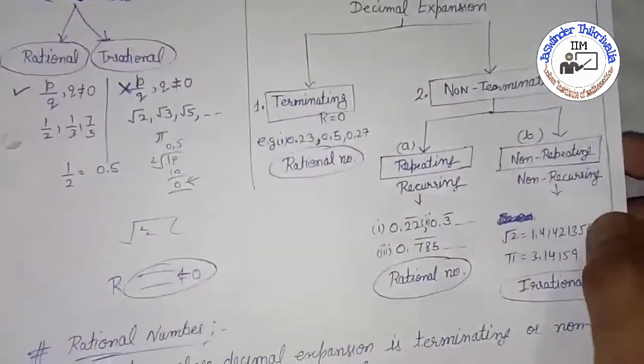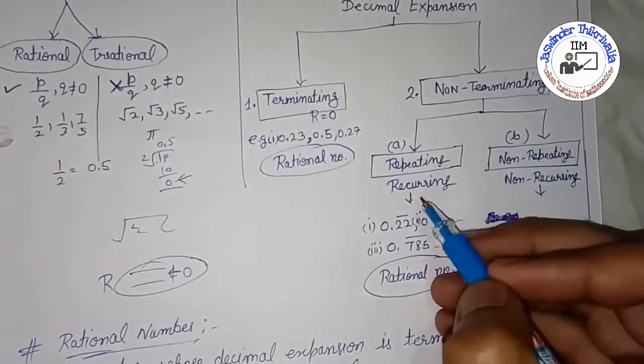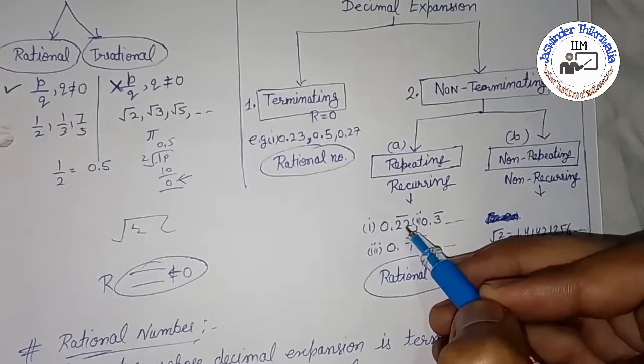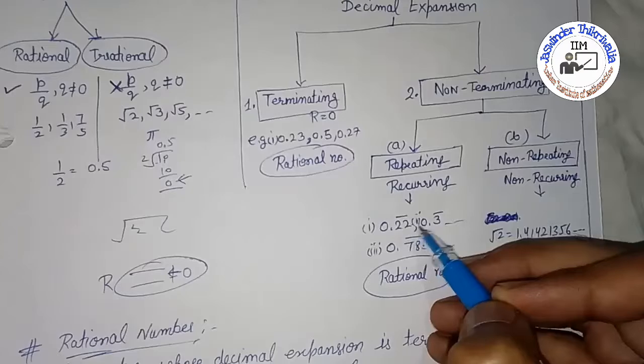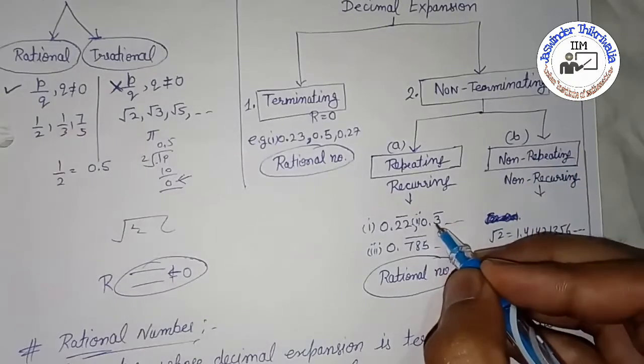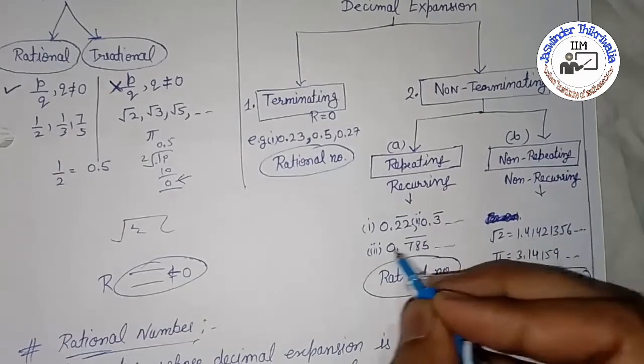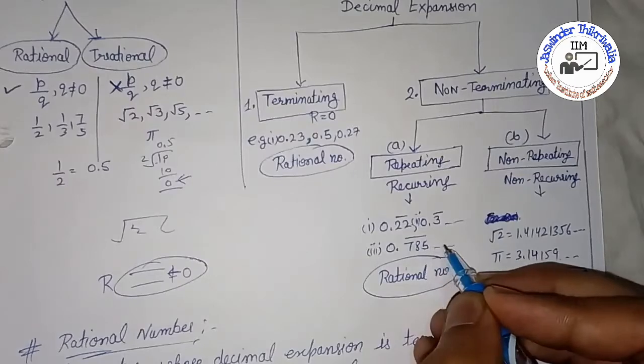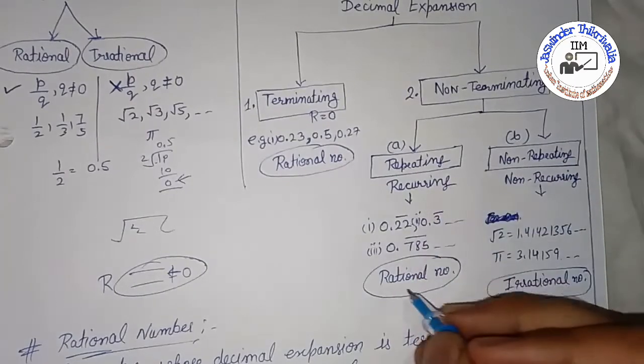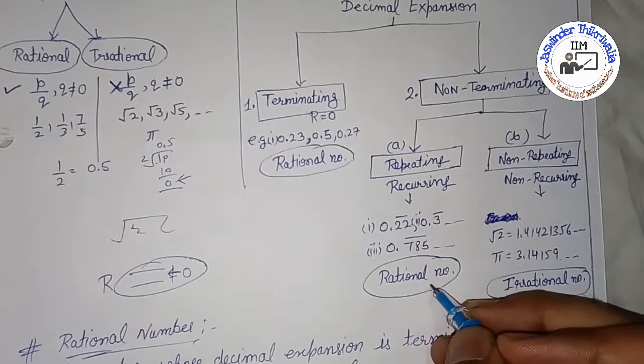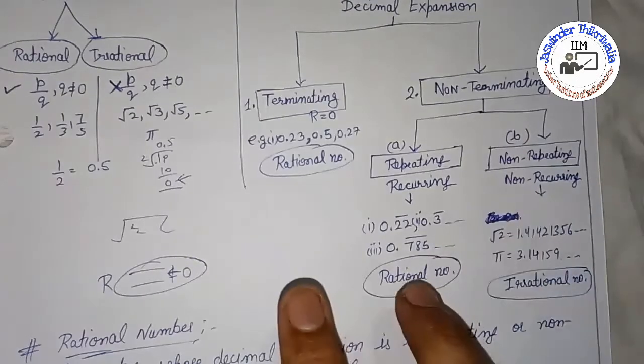Non-terminating is also of two types. In one, the quotient repeats again and again, like 0.222 or 0.333 or 0.785. Those types of numbers are also known as rational numbers. So rational numbers are of two types.